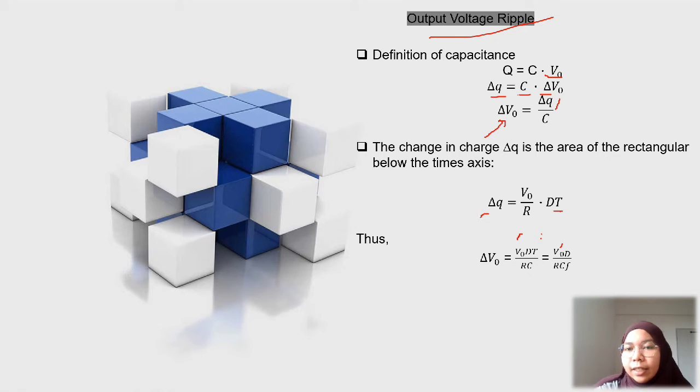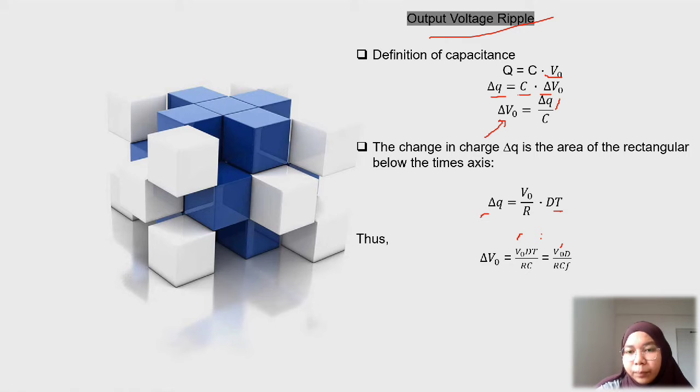The change in charge is the area of the rectangle below the time axis. The change of charge is equal to the output voltage divided by resistance, multiplied by the duty cycle, multiplied by the period.